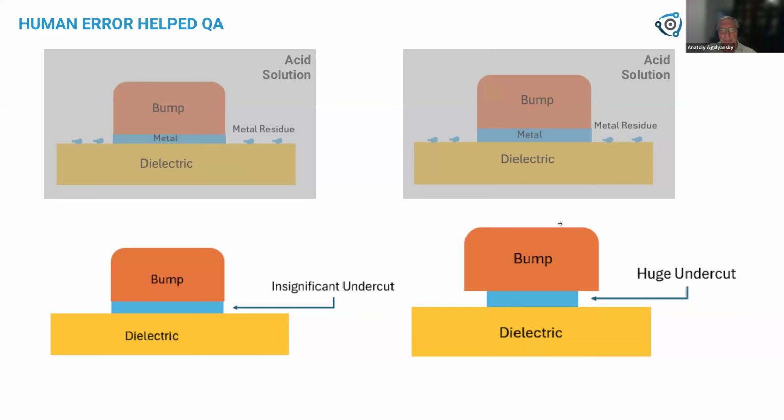In the case of a thin layer, you generate less heat, and in the case of thick metal, you generate much more heat, and the interaction goes faster and penetrates inside. And we found that, what does it mean? It means our process is not robust. We're very close to the cliff. Something happened with the temperature, with the concentration, with the thickness, and we failed.